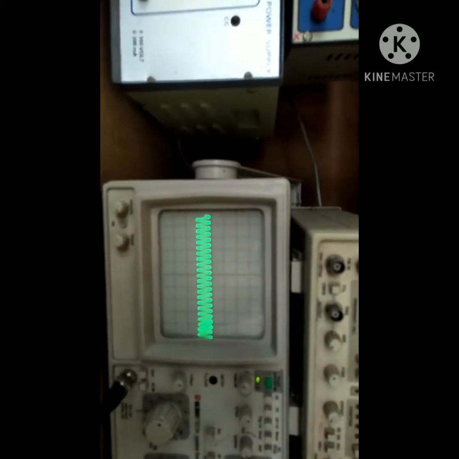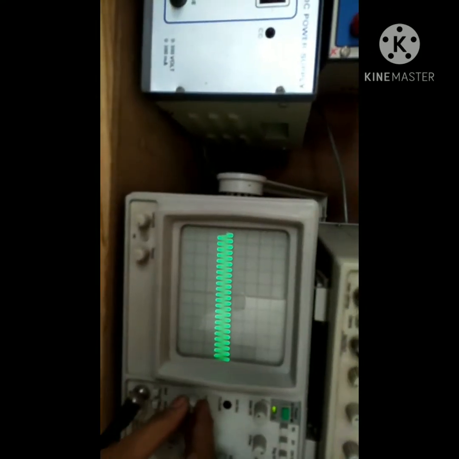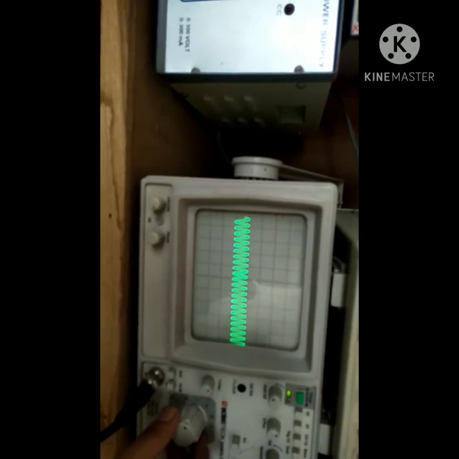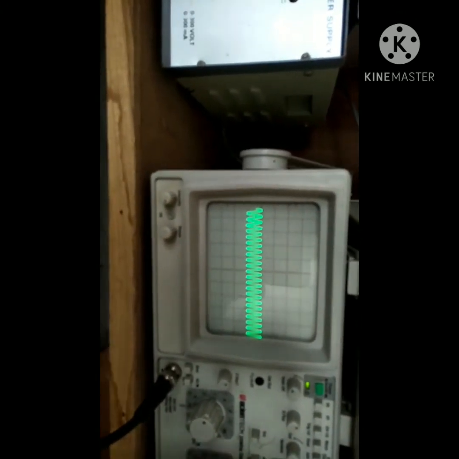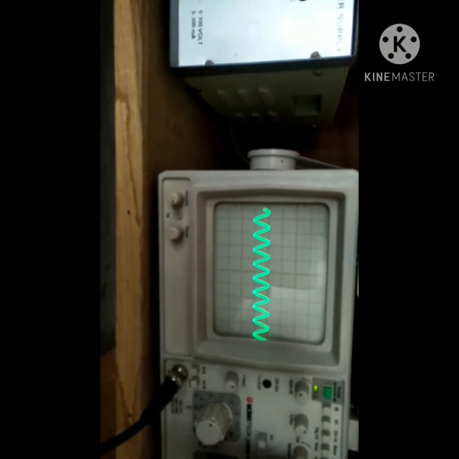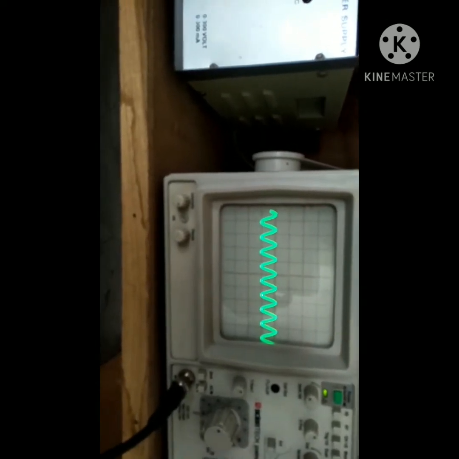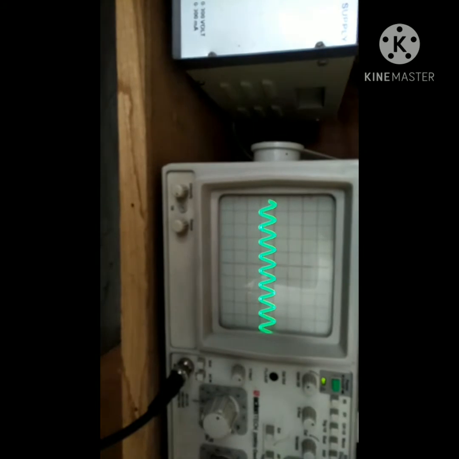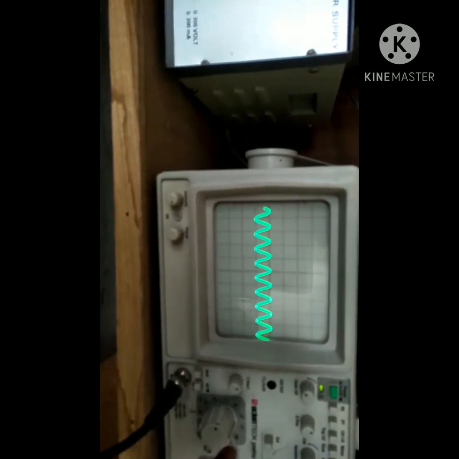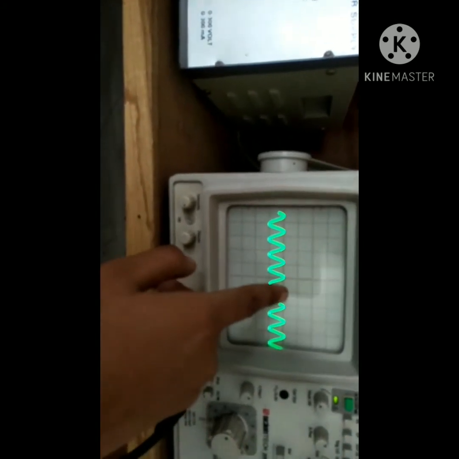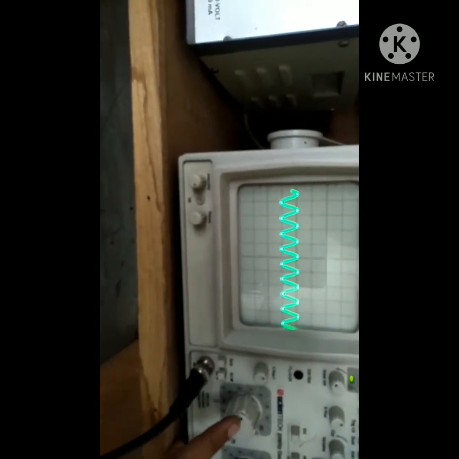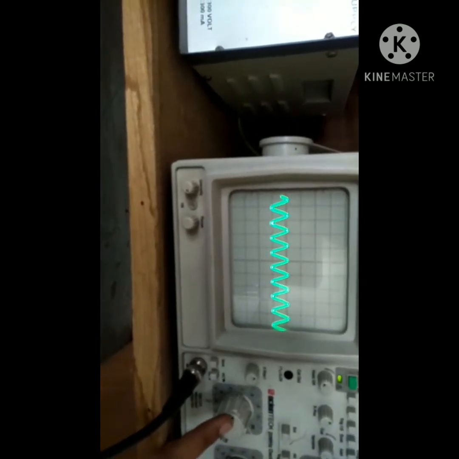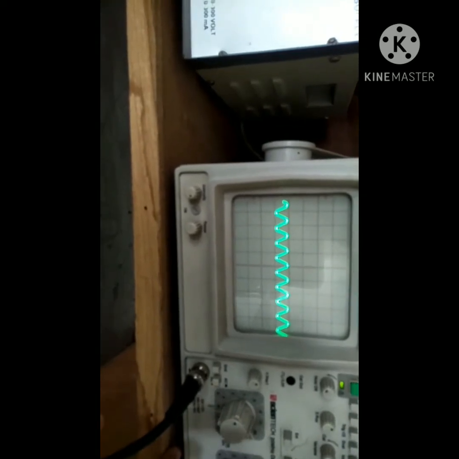This is the input voltage, which has the value 1 into 1, that is 1 volt.